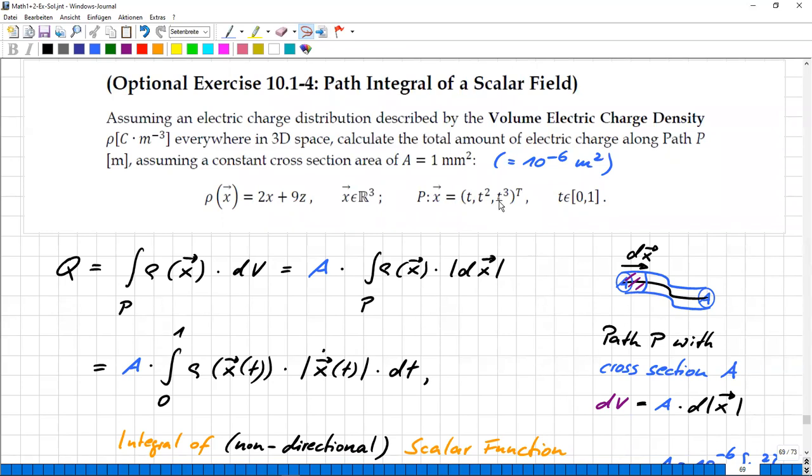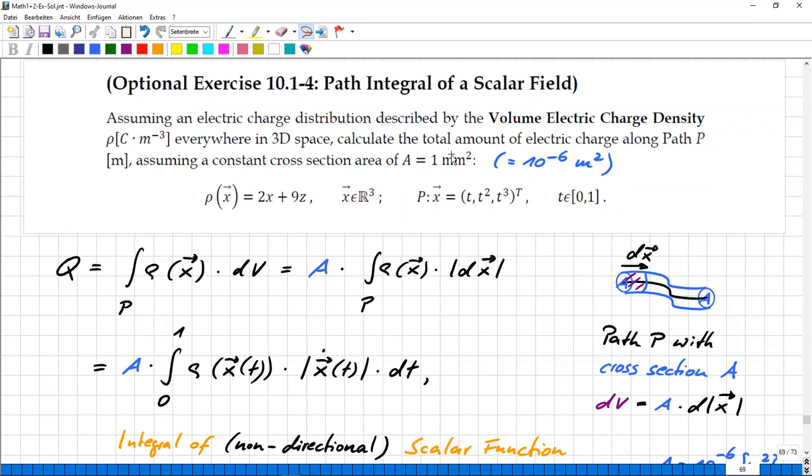In practice, of course, a one-dimensional path does not exist as a physical object, because it would be infinitely thin. But we must assume some thickness, otherwise we don't get anything. And the thickness I assume here is given in the form of a so-called cross-section area, which I just chose to be A equals 1 square millimeter.